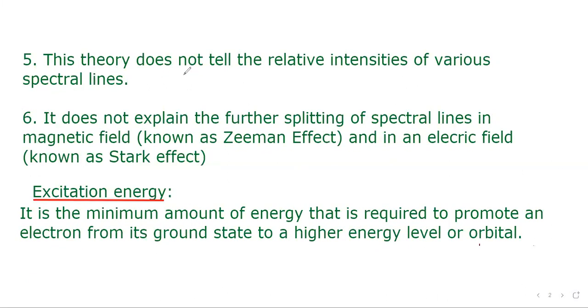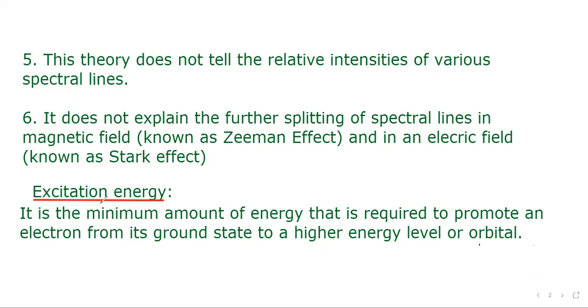And next point is, this theory does not tell the relative intensities of various spectral lines. And further splitting of spectral lines in magnetic field and in electric field could also not be explained by this theory. So these points tell the drawbacks of Bohr's theory.